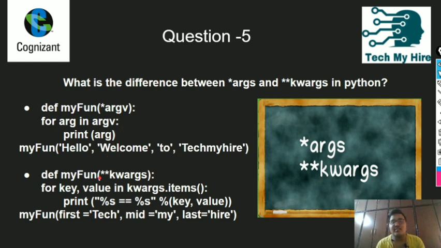What is this kwargs? Kwargs, in the sense, if the keyword argument I am passing is of type dictionary, then I can use kwargs. So as you can see here, I am passing hello, welcome to Tech Mahir. In the function definition, I am using *args. This is a list, as I already mentioned. I am looping it in a for loop and printing that. So the output here is hello, welcome to Tech Mahir.